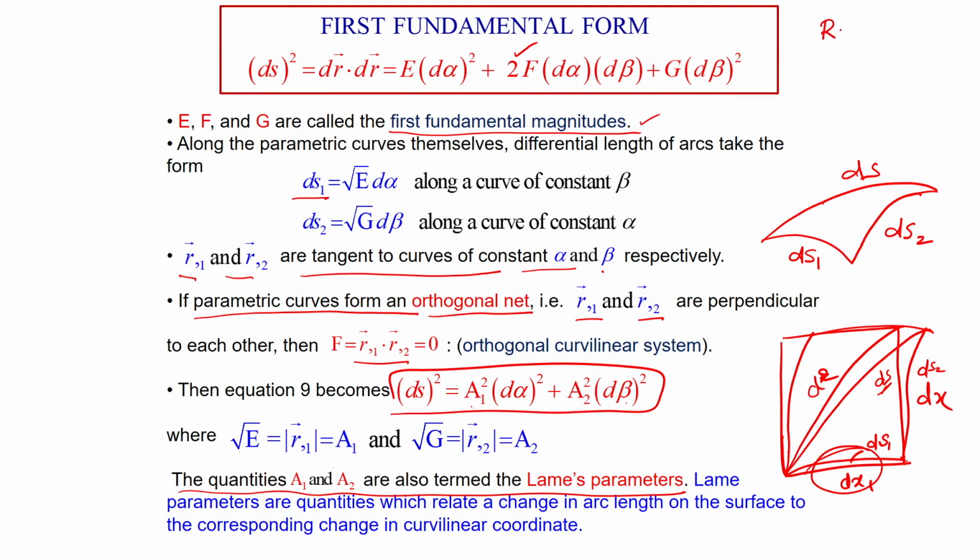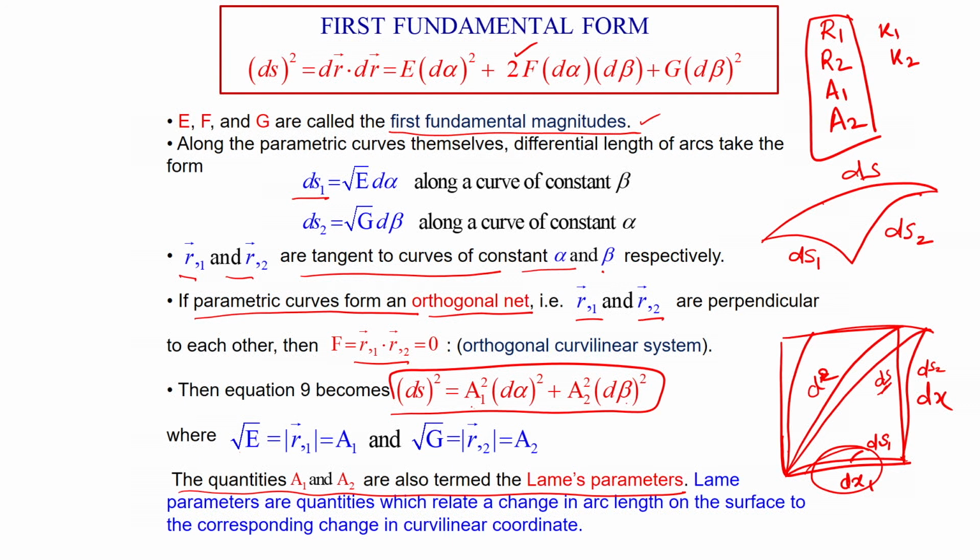So, basically the governing equations of the shell theories are developed in terms of R1, R2, A1 and A2. These are the 4 parameters, or sometimes you may say kappa 1 and kappa 2. So, basically we need the radius of curvature, then we need the Lamé parameters.